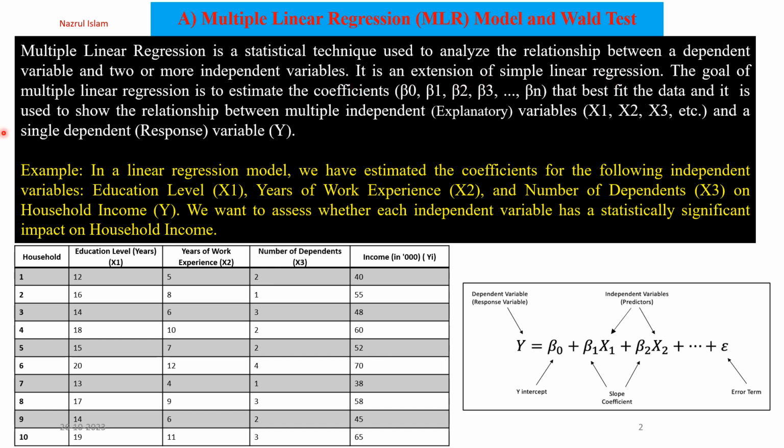The goal of multiple linear regression is to estimate the coefficients beta 0, beta 1, beta 2, beta 3 up to beta n that best fit the data, and it is used to show the relationship between multiple independent or explanatory variables, that is x1, x2, x3, etc., and a single dependent, that is response variable y.